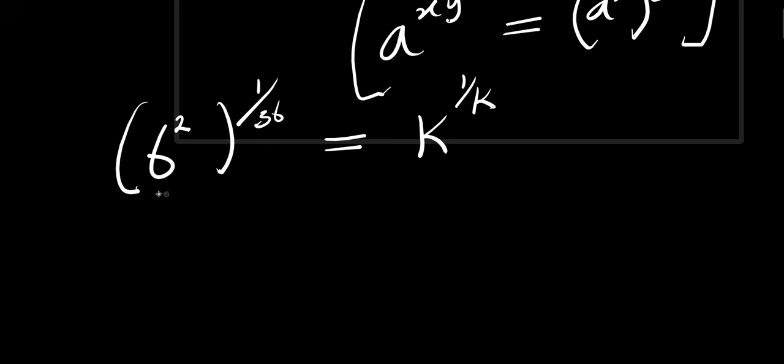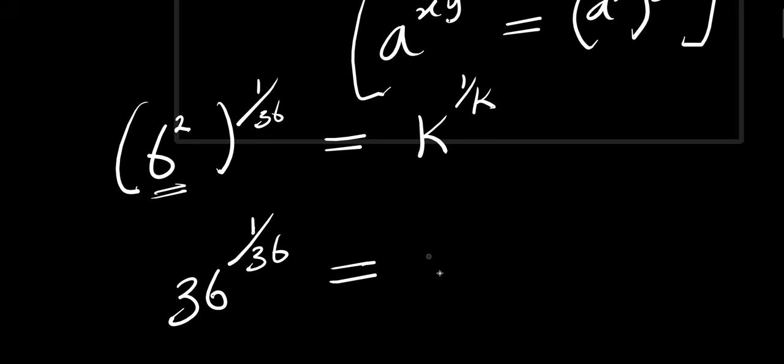And from here, 6 power 2, that's 6 times 6, that's 36. So 36 to the power of 1 over 36 equals k power 1 over k.